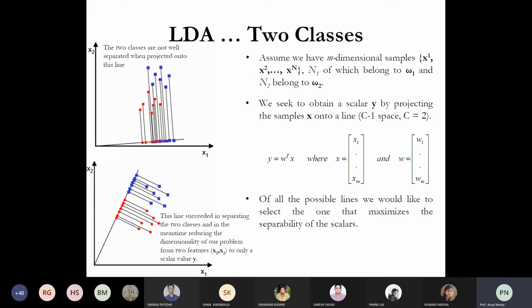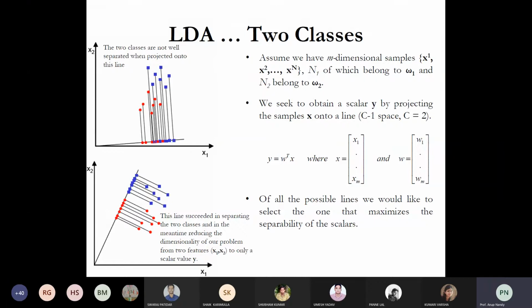Now please look at this very interesting graph. Suppose we have two classes, and we are considering two features, x1 and x2, so the data is in 2D.